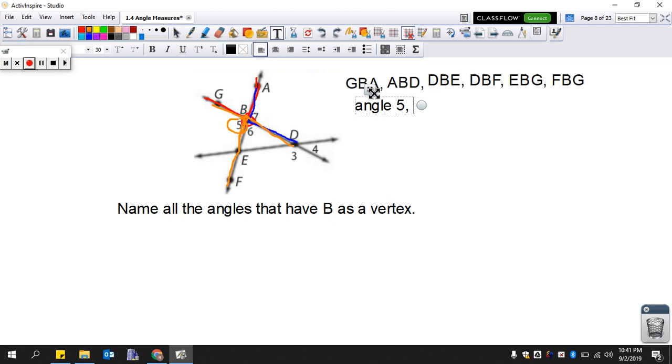And I could use the angle symbol, but because I'm typing it, I'm just going to write it out. I also have angle 6, which goes with DBE and DBF. And then I also have angle 7, which goes with ABD.